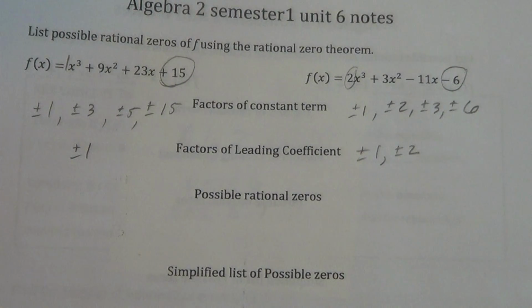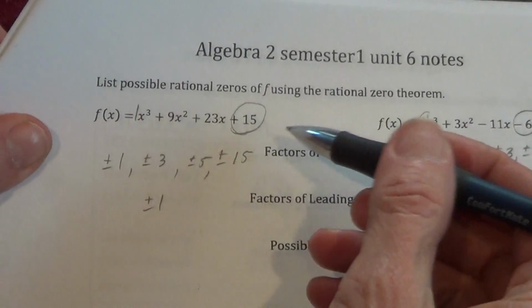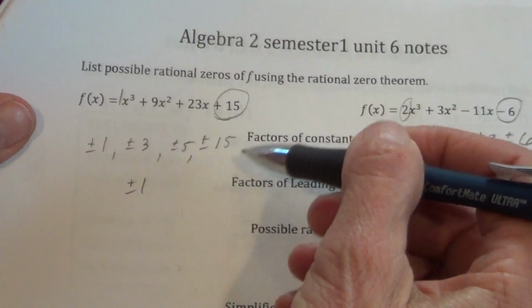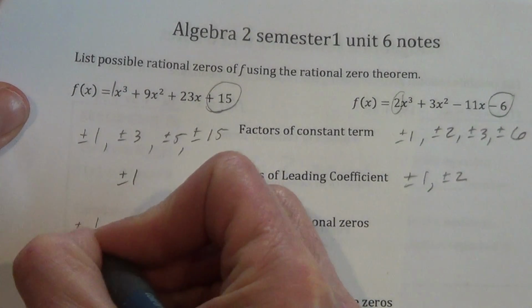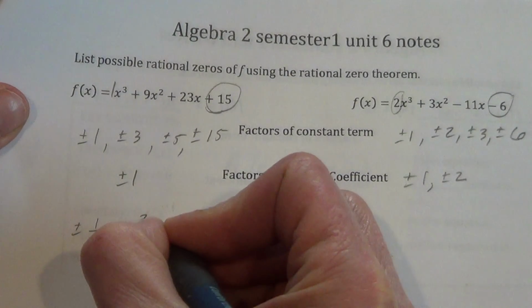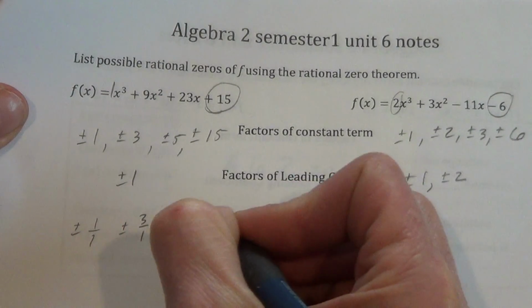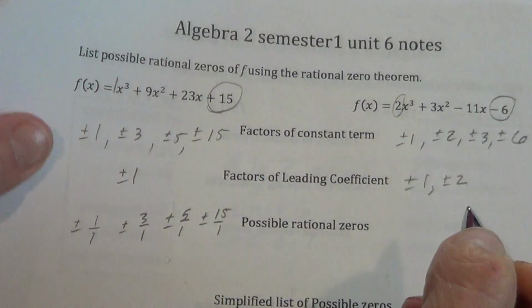Possible rational zeros. This is when we get into the fraction. And I've placed it with the constant above the coefficient for a reason here so that you can just match them up. So we have 1 over 1, plus or minus 3 over 1, plus or minus 5 over 1, plus or minus 15 over 1.